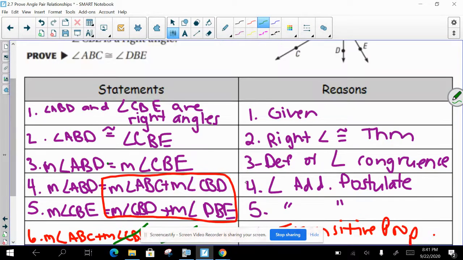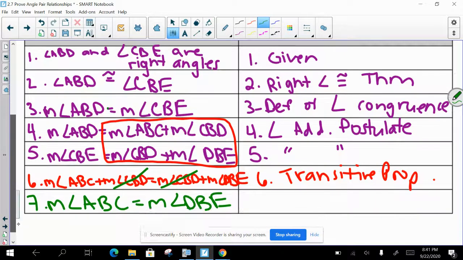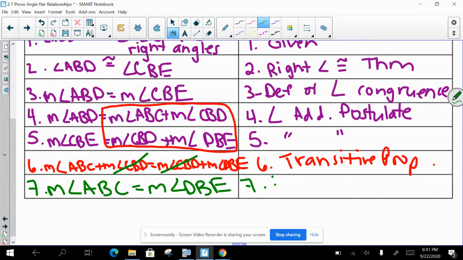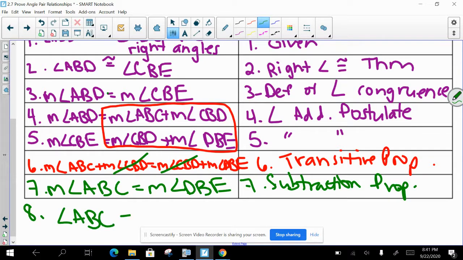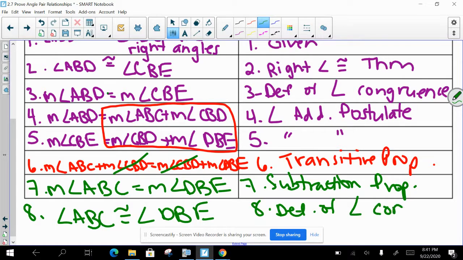So after we do the subtraction property, we are going to then say that angle ABC is congruent to angle DBE. And by the definition of angle congruence, going the other way.